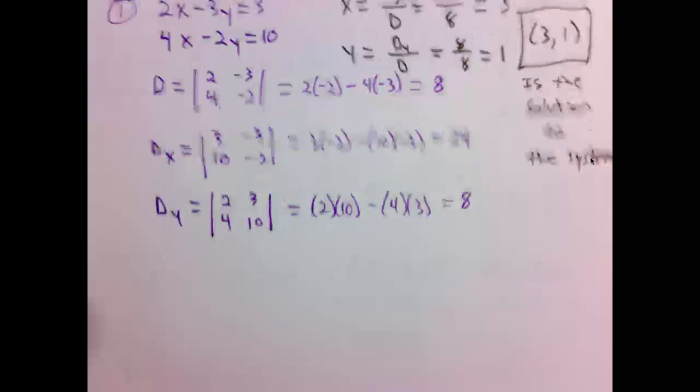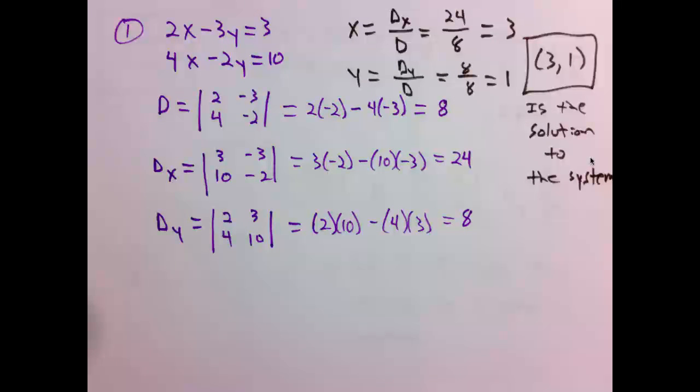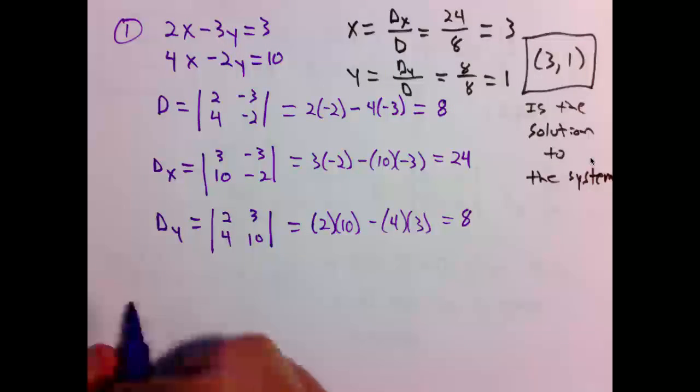All right, I'm going to skip down and do one that is a 3x3, but I'm going to do one that is not on your assignment, so that you're left with those. So I'm going to do number 14.